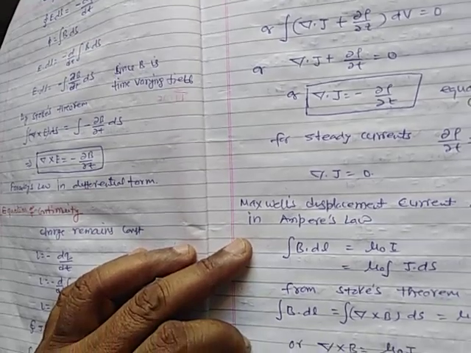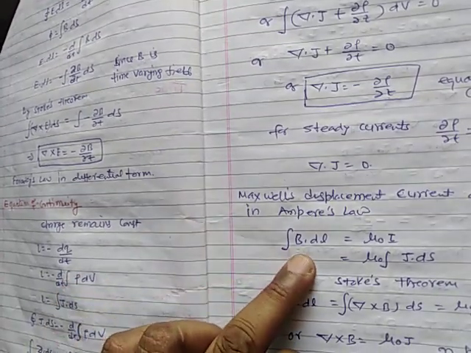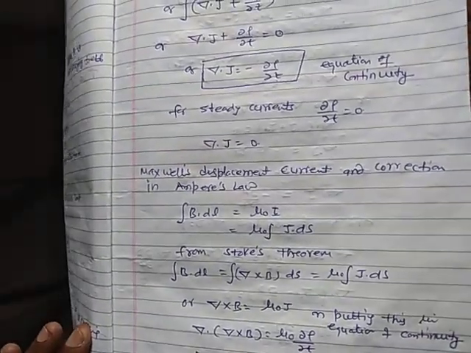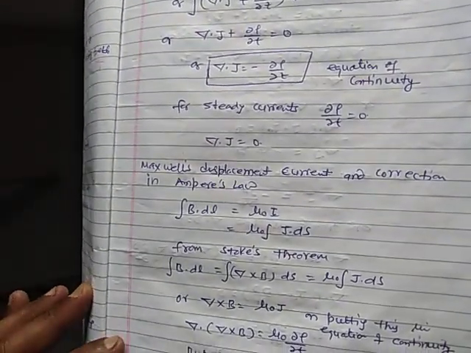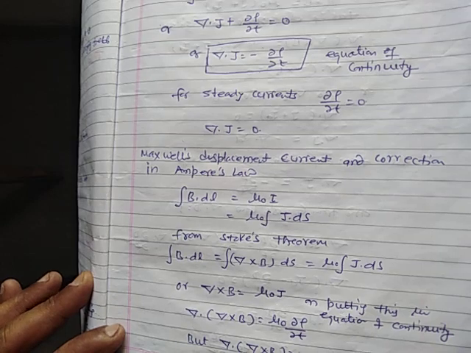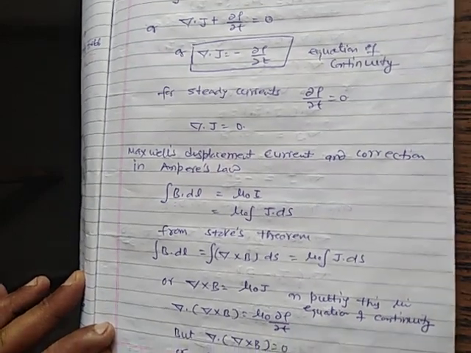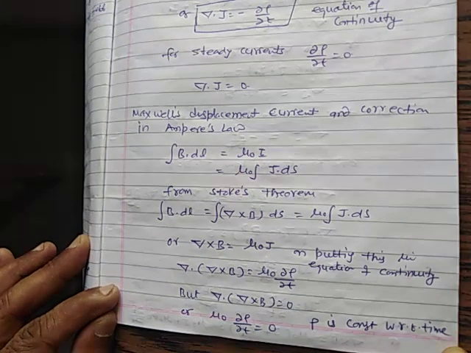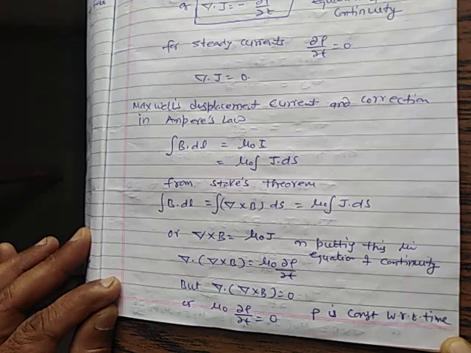Now Maxwell's displacement current and correction in Ampere's law, that is important. So integral B dot dl is equal to mu 0 I, and in I we can write j dot ds. From Stokes theorem, we can convert again integral B dot dl into integral del cross B dot ds. So it is mu 0 integral j dot ds, or del cross B is mu 0 j.